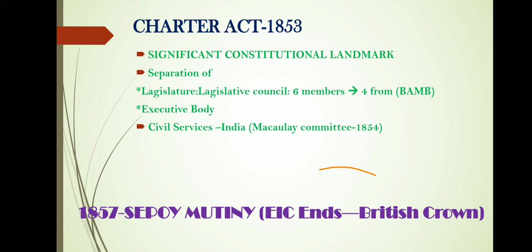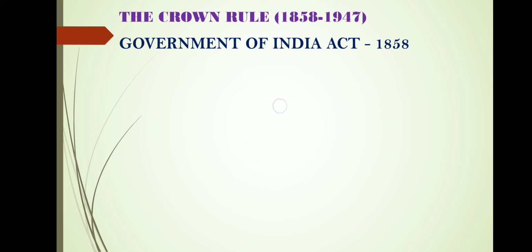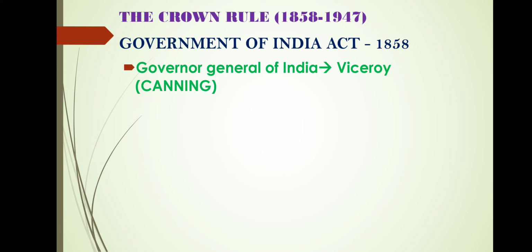Then the Queen's acts took place. That is the crown rule from 1858 to 1947. The first act was the Government of India Act of 1858. In that, the Governor General of India was renamed Viceroy.